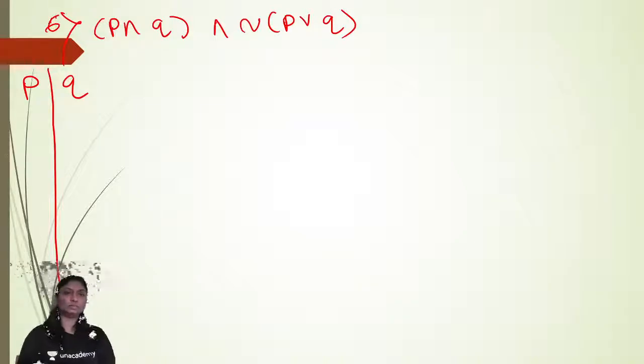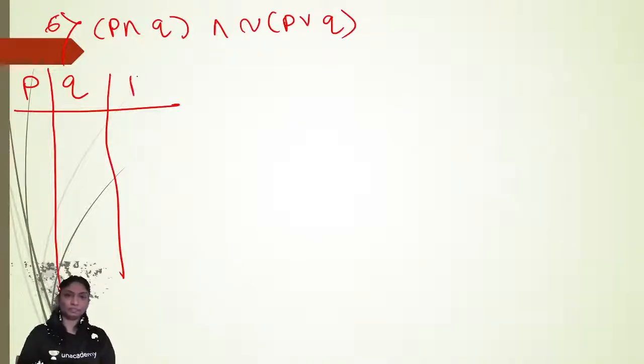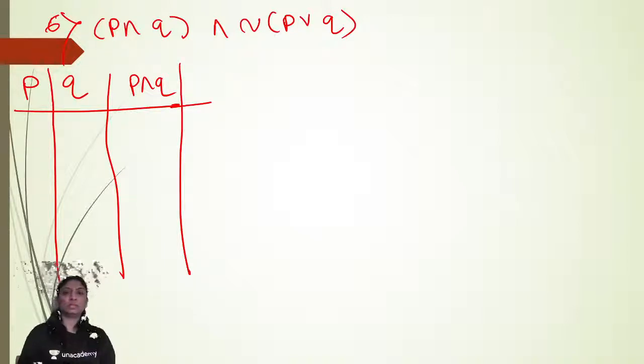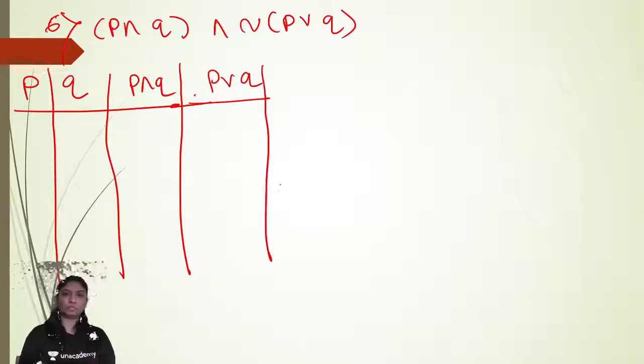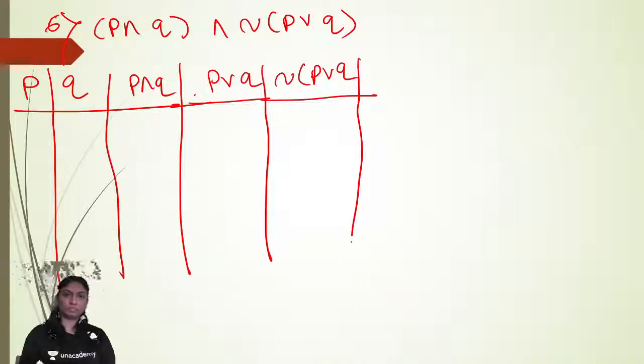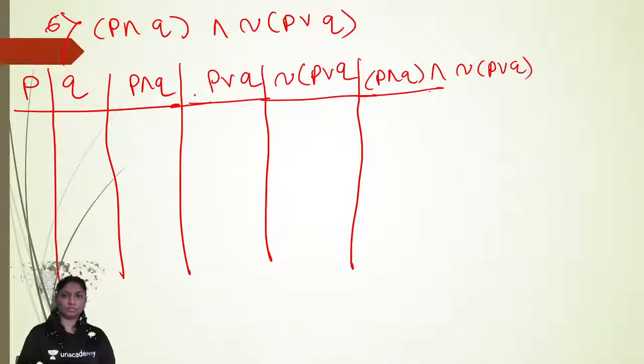We require P and Q, then P or Q, negation of P or Q. Then here is A, directly you can write P and Q and negation of P or Q.